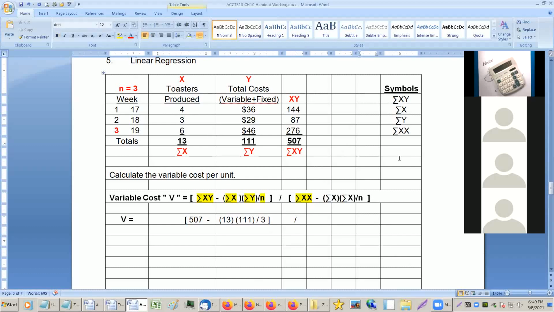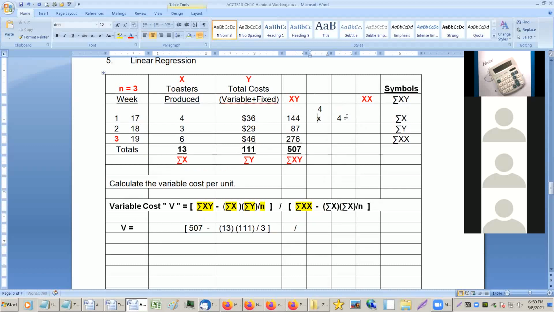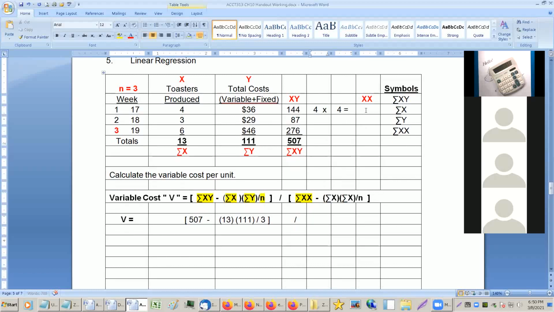I'm going to do it here. So X is just 4. So 4 times 4 equals 16. So you just multiply them by themselves. 3 times 3.